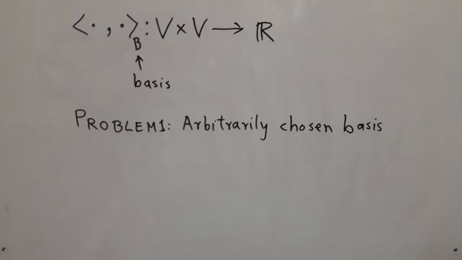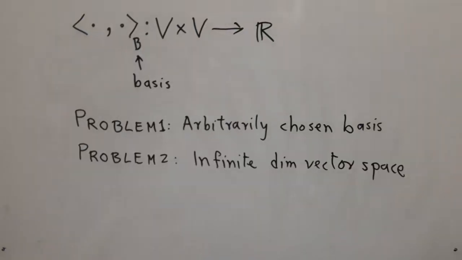Now that is our problem 1, that the arbitrarily chosen basis might play a role which we do not want it to play. The second problem is with infinite dimensional vector spaces, because there we cannot just fix a basis and express everything as a tuple, because that so-called tuple will now become infinite in size, so simply adding them or multiplying it is not very easily done.